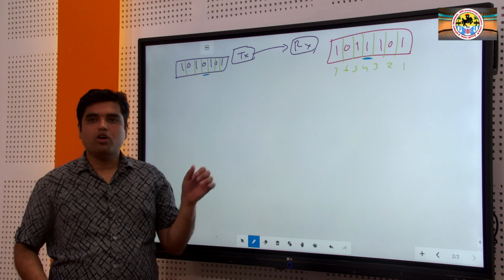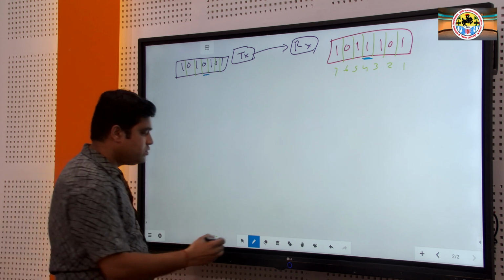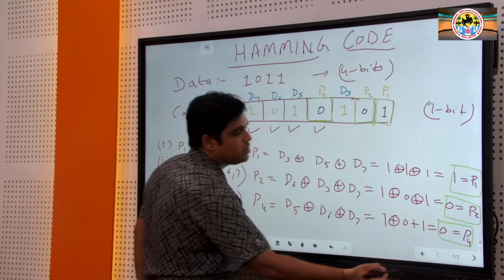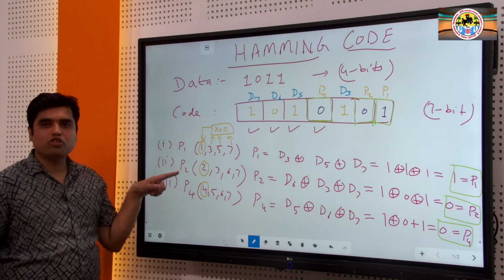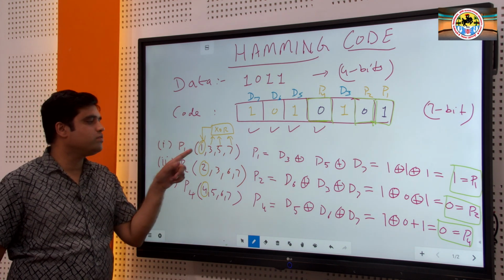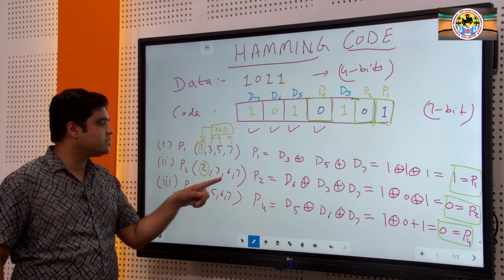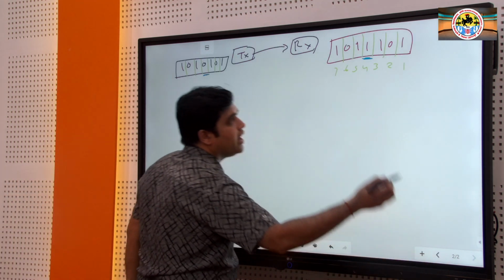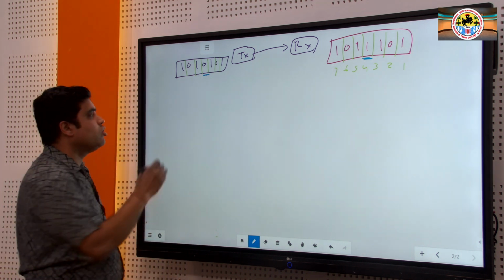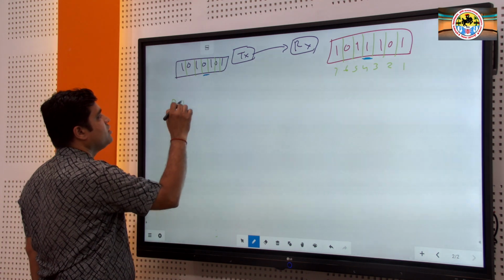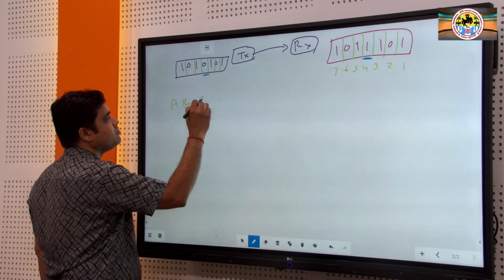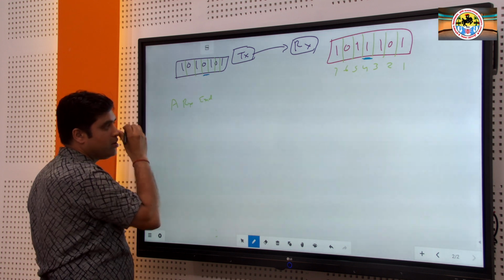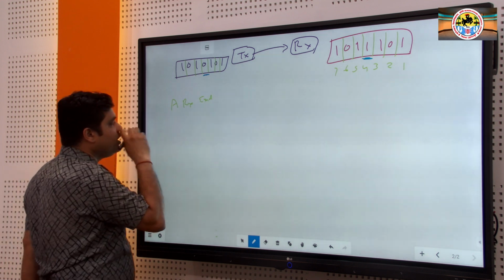So, here we also take the similar groups which we took in the transmitter. These are the groups of the transmitter. For P1, the group is 1 3 5 7, second is 2 3 6 7, third is 4 5 6 7. At the receiver end, it also XORs, and we get check bits.